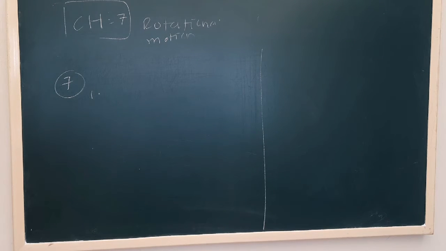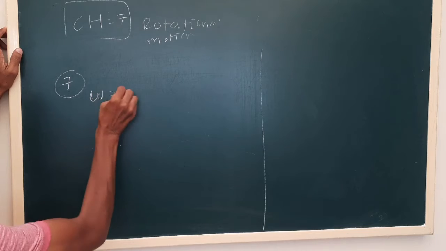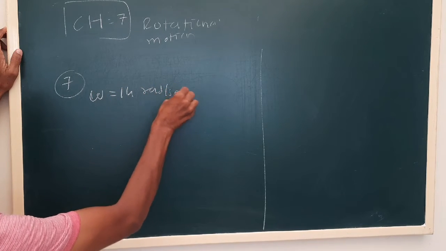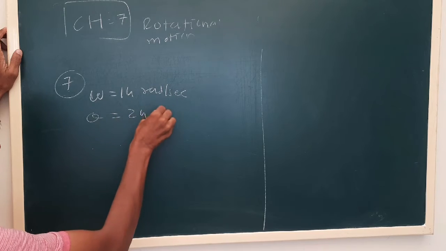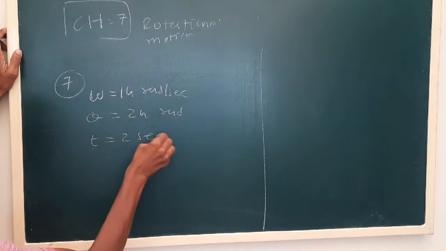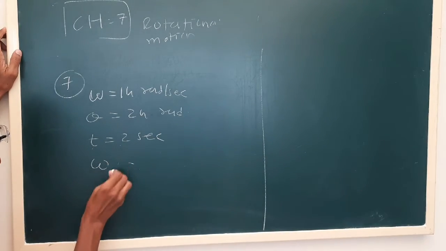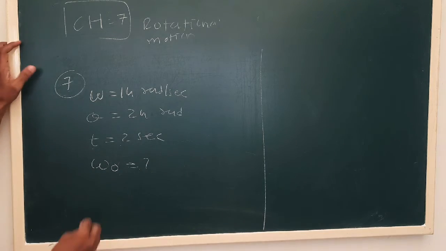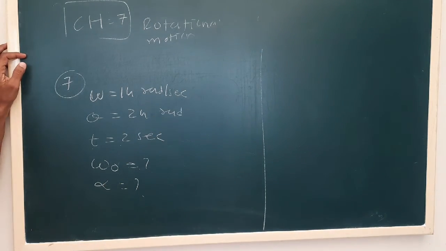See angular velocity and displacement. Okay, angular velocity is given as 14 radian per second and angular displacement is 24 radian at the end of 2 seconds. See what we have to calculate: initial angular speed and constant angular acceleration.